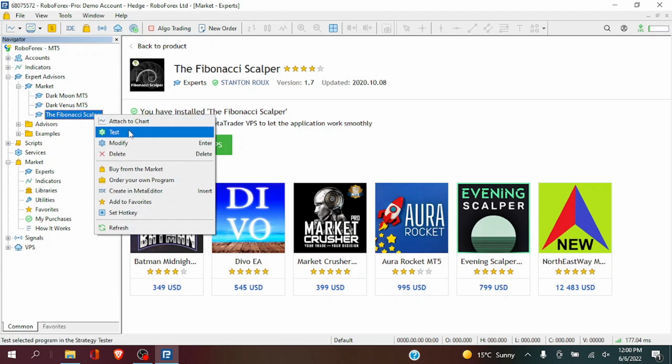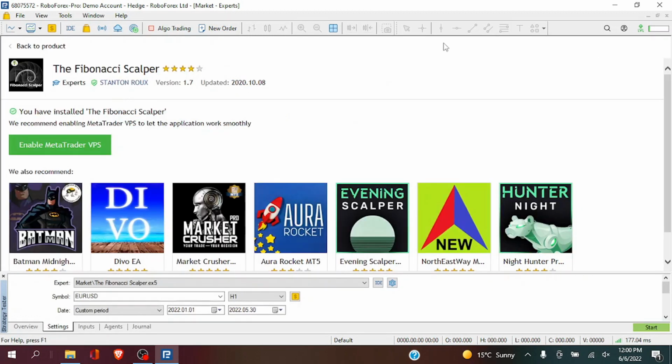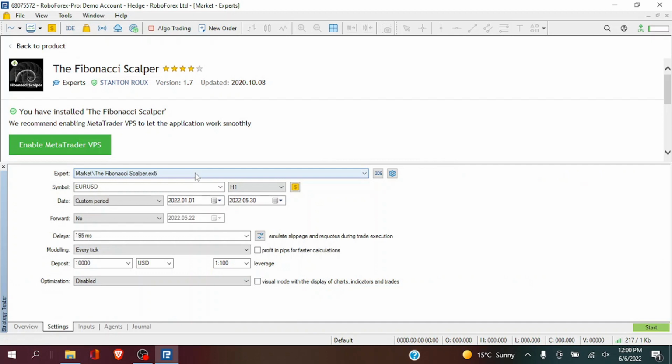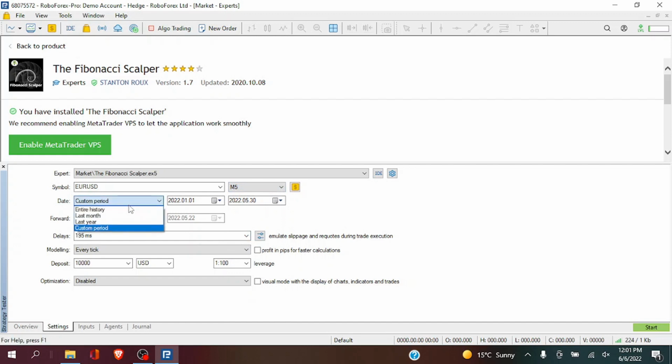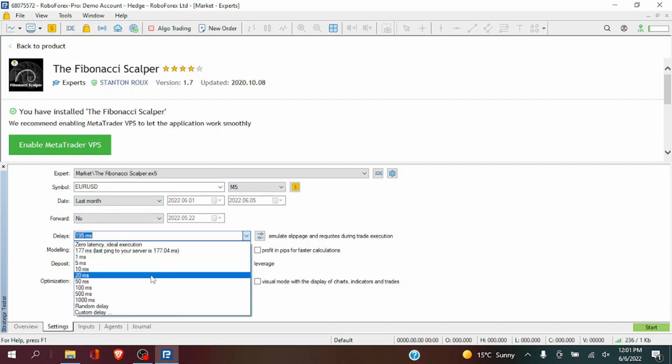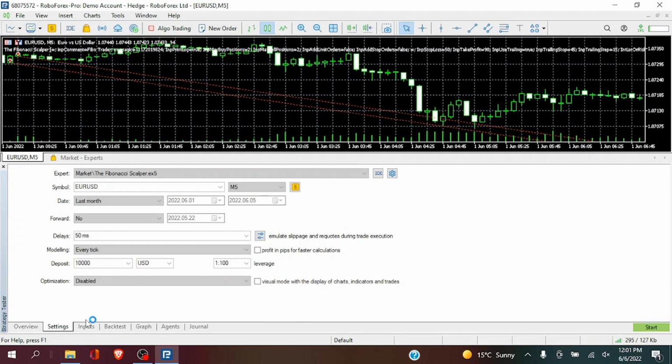And next we are going to run a test on the Fibonacci Scalper. Now first we are going to select our settings for the Fibonacci Scalper, and remember the recommended settings are made for the Euro USD on the 5-minute. So first we're just going to conduct a short test and see what the results look like.